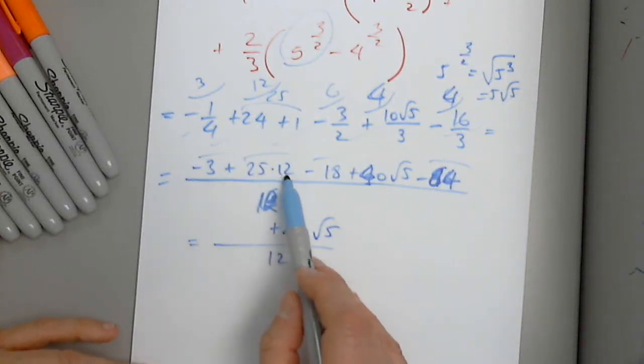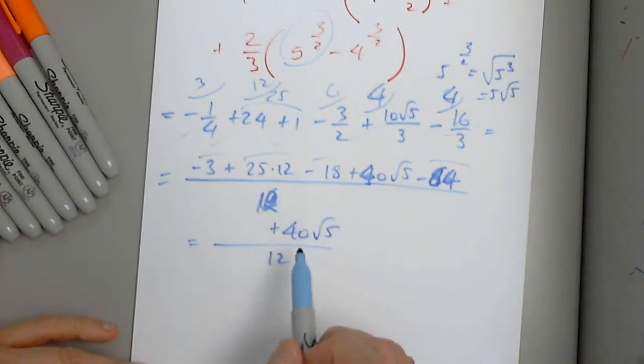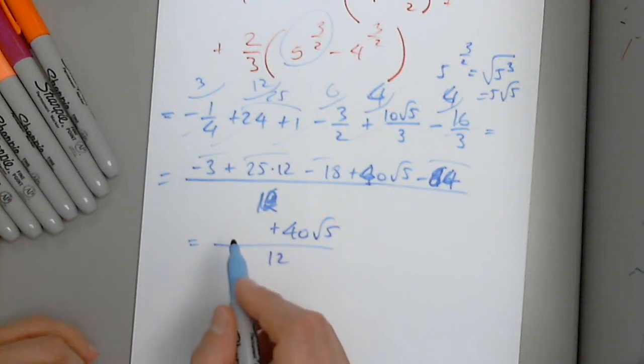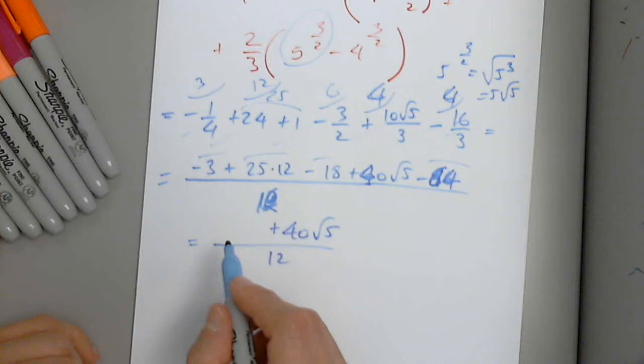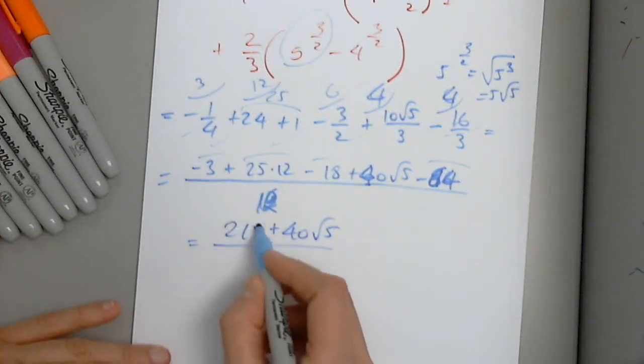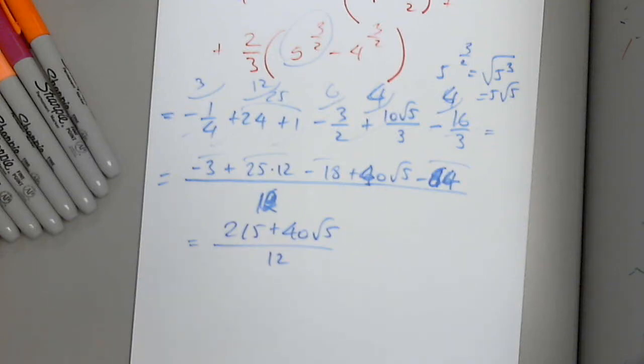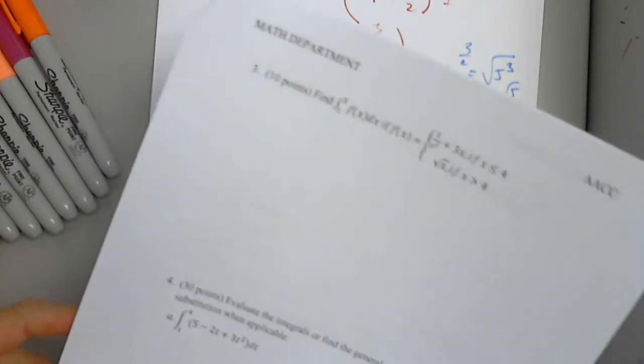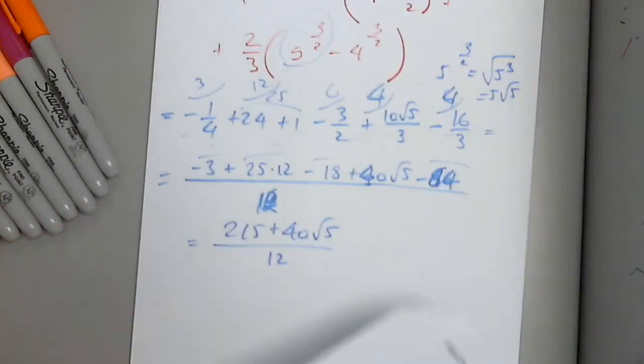Negative 3 plus 25 times 12 minus 18 minus 64. I got 213. Okay. Very good. Moving on to problem 4.